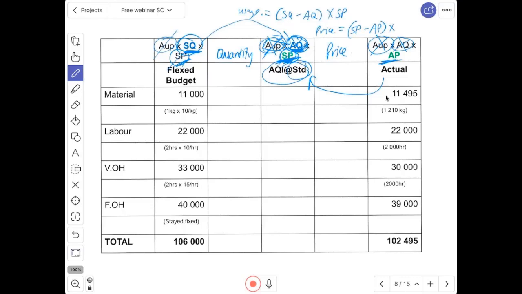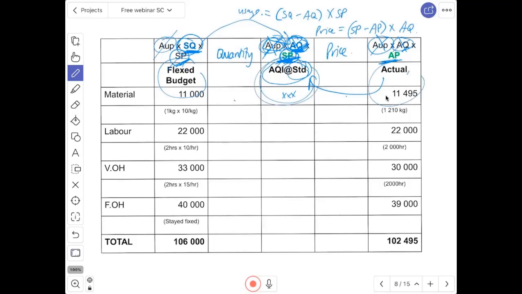Here it is, actual quantity. So you can see the formulas are actually in this table. So now it's as simple as calculating this value in the middle, and then we've got our variances on either side. If the should have is more than the middle column, then it's favorable, and if the actual is less than the middle column, then it's favorable again.